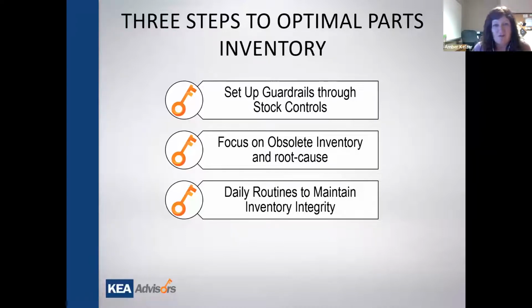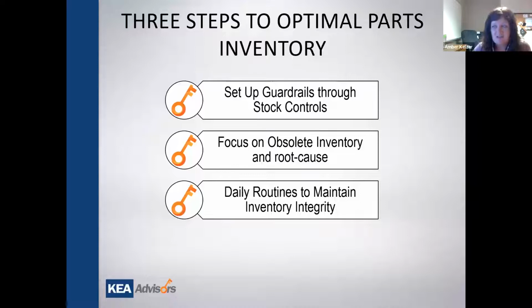So I call these guardrails. Now the DMSs sometimes call them IRO settings or stock controls. And for me, that's the sentry at the front gate, making sure only the right stuff comes in. And I think that's always where we want to start, no matter what your inventory looks like, to make sure that only from today forward, the good stuff comes in.